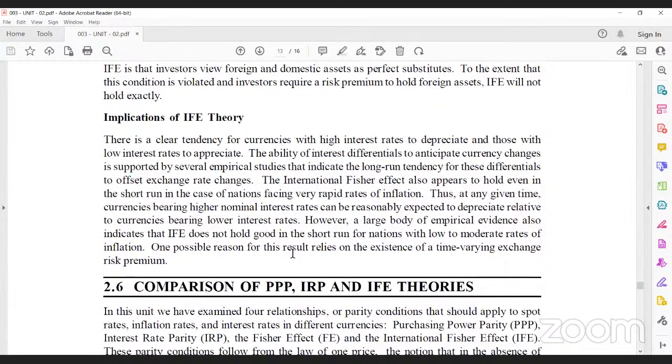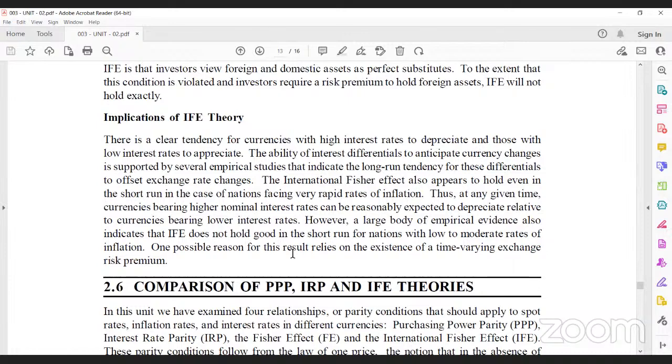Now let's see the implications of IFE. There is a clear tendency for currencies with high interest rates to depreciate and those with low interest rates to appreciate. The ability of interest differentials to anticipate currency change is supported by several empirical studies that indicate a long-run tendency for these differentials to offset exchange rate changes.